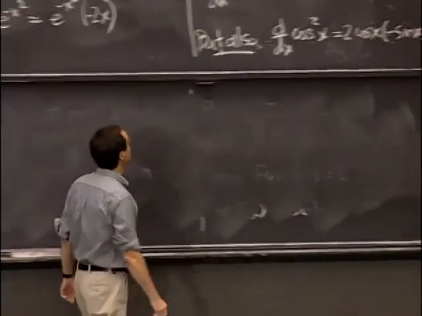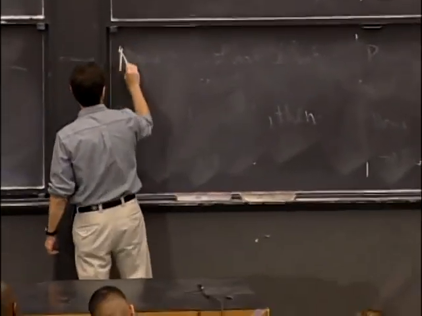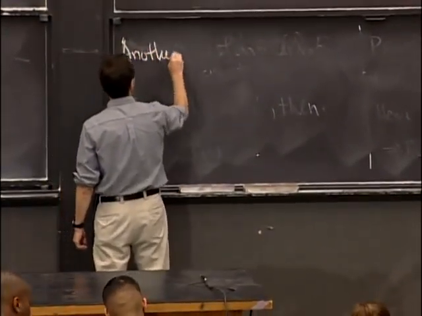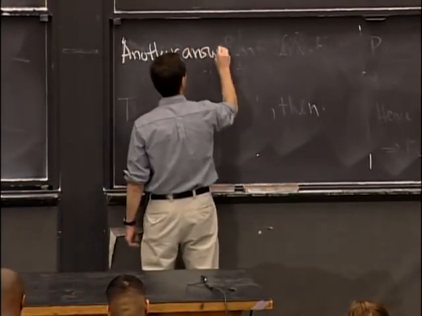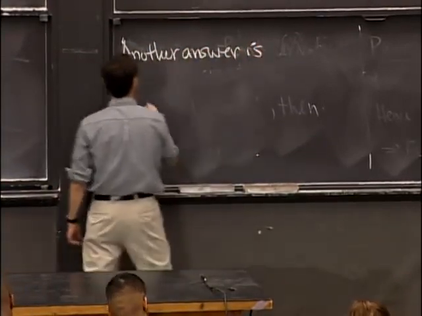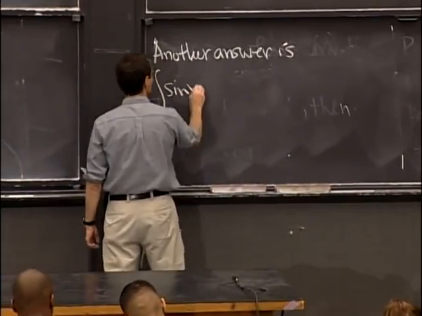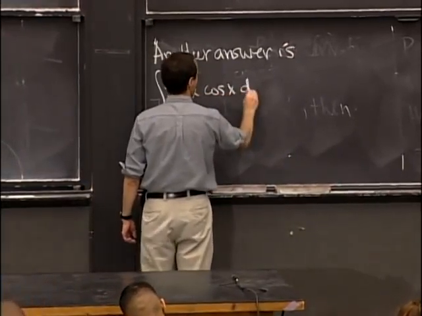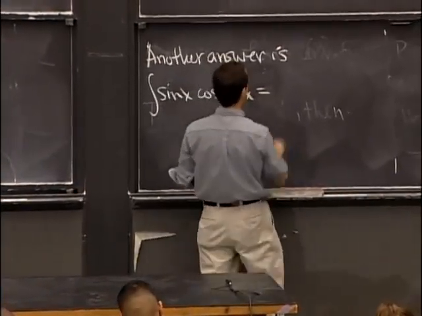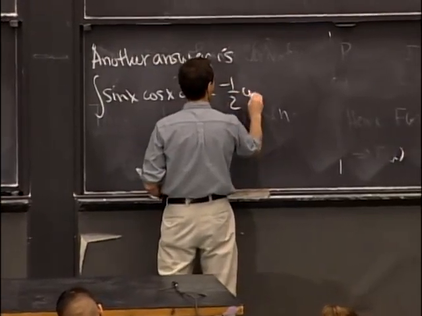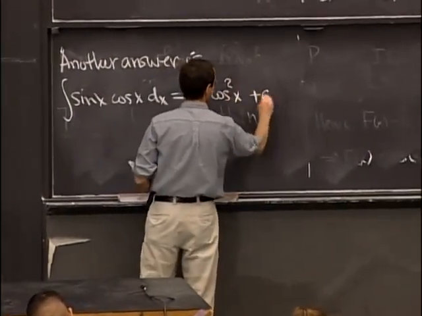All right? So another answer is that the integral of sine x cosine x dx is equal to negative a half cosine squared x plus c.